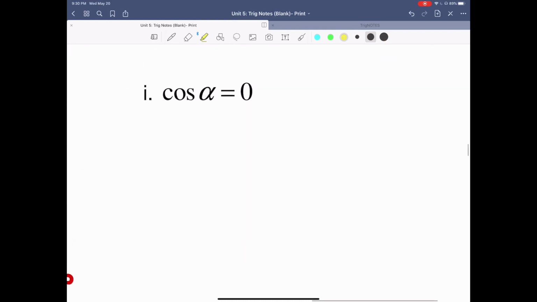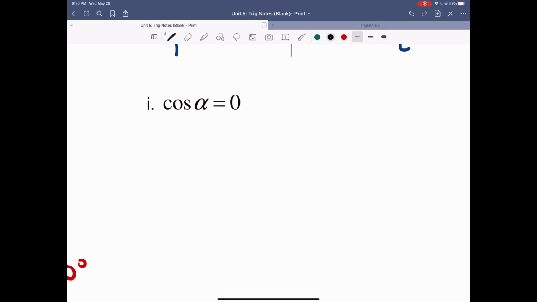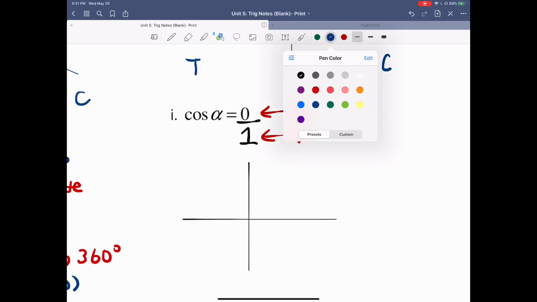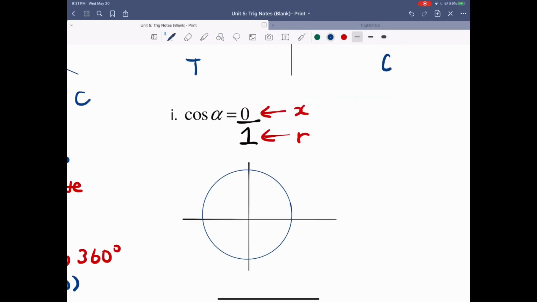Question I. So if you're doing cos alpha equals 0, I'm going to break that down again. You can say that it has a denominator of 1. That way you can compare it to a unit circle. And so then the 0 is the x and this is the r. Let's draw our x and y axis with the circle. The only spots where x can be 0 is over here.